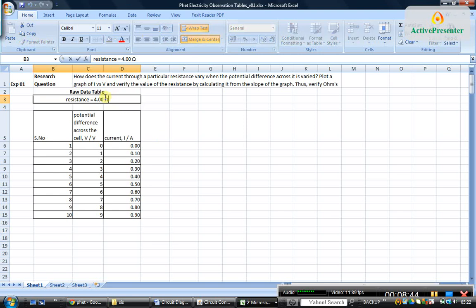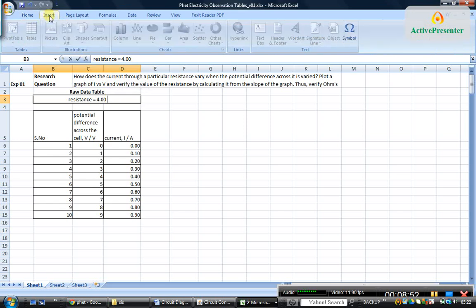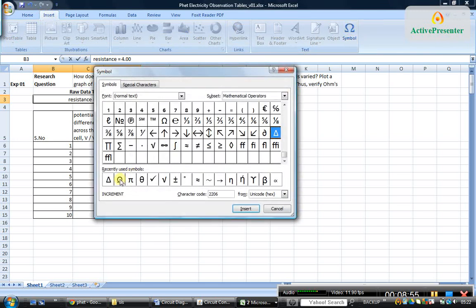Now to type this symbol omega, which is a symbol for resistance ohms, what you need to do is click on insert menu, go to symbol and select it from the list. If it's not appearing in the recently used symbols, you have to select in the font normal text and then in the subset mathematical characters, and you will find it.